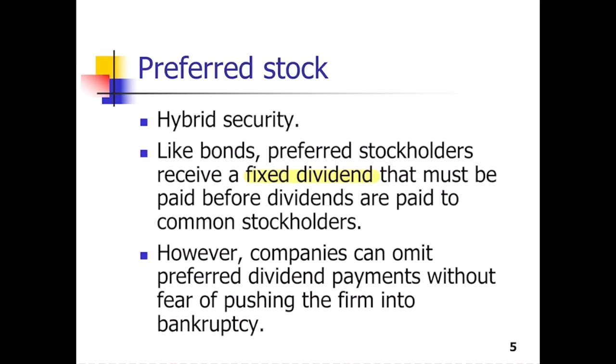So it can enjoy the upside potential of the firm. Preferred dividends must be paid before dividends are paid to common stockholders, so it has priority. However, companies can omit preferred dividend payments without fear of pushing the firm into bankruptcy. So it is not an obligation.